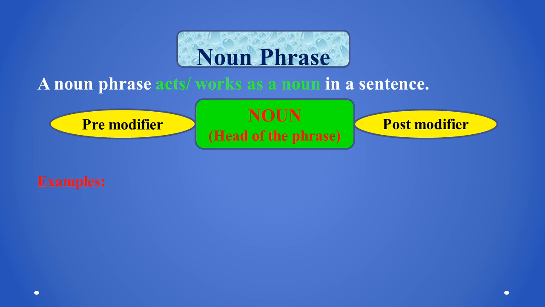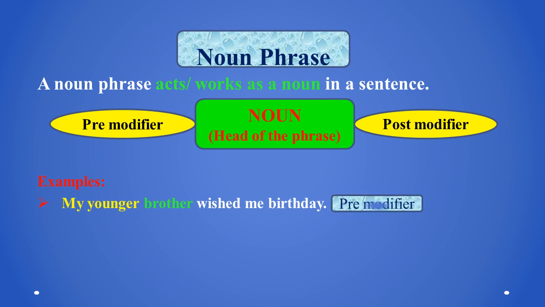Let's look at the examples given. My younger brother wished me birthday. My younger brother is a noun phrase, as brother, a noun, is the head of this phrase. My younger are two words which are modifying brother, which are contributing to the meaning of brother. So my younger act as pre-modifiers. I shall buy dolls with curly hair.